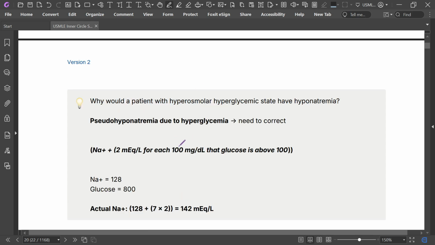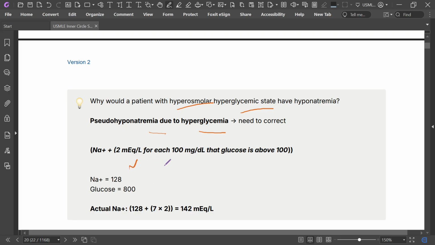Okay, why would a patient with hyperosmolar hyperglycemic state have hyponatremia? It is pseudohyponatremia due to hyperglycemia. You need to correct sodium: add 2 milliequivalents for every 100 mg/dL that glucose is above 100.